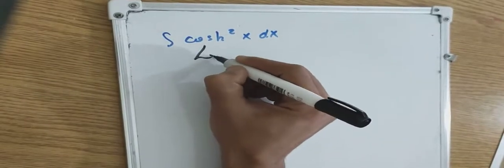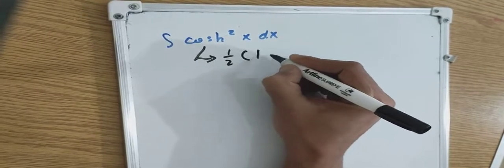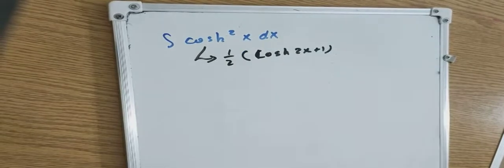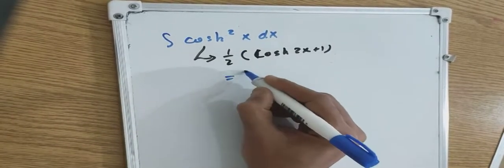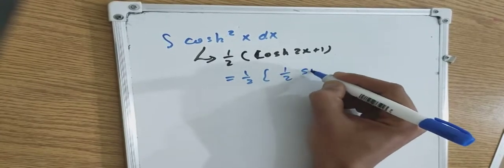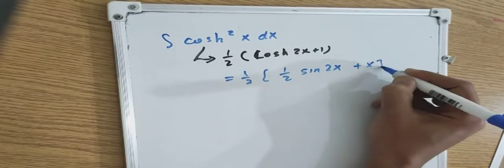The integration of cosine power 2: in the same way, using the identity to reduce the power, half of cosine 2x plus 1, and the half is outside the integration, and the integration of cosine 2x will be sine 2x divided by 2, and the 1 is x, plus c.